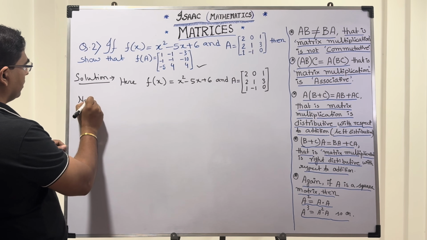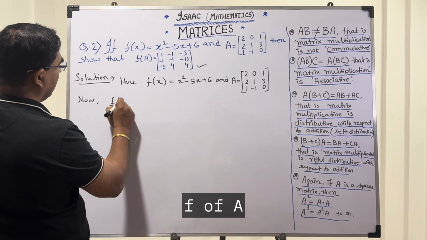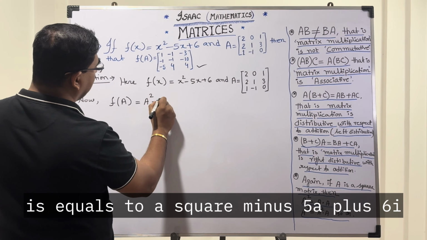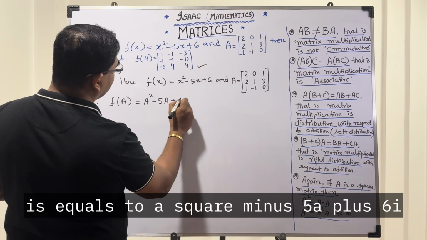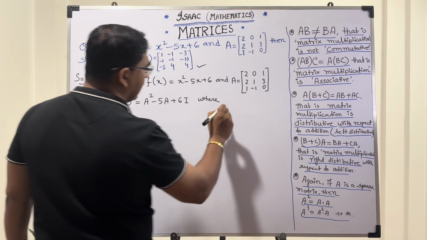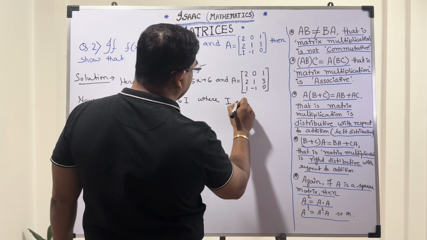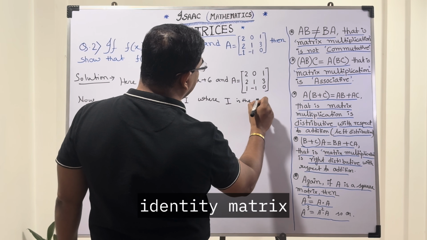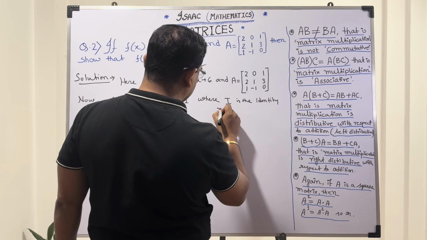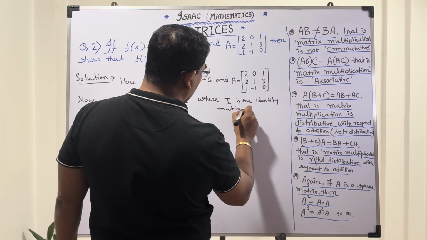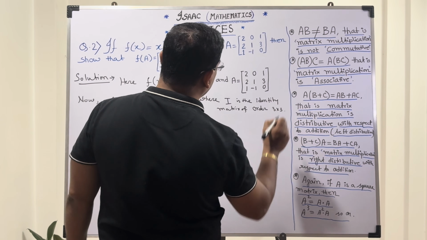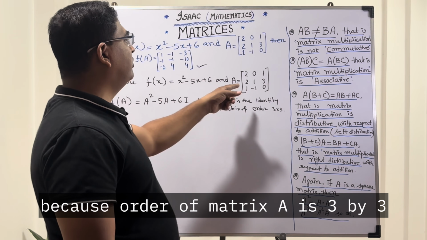Now f of A is equal to A square minus 5A plus 6I, where I is the identity matrix of order 3 by 3, because order of matrix A is 3 by 3.